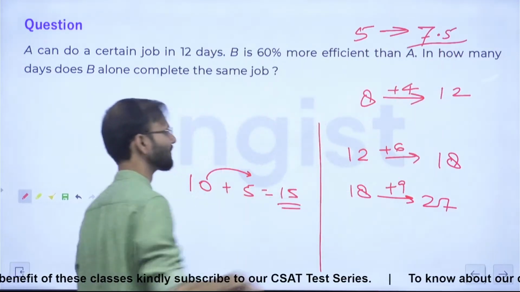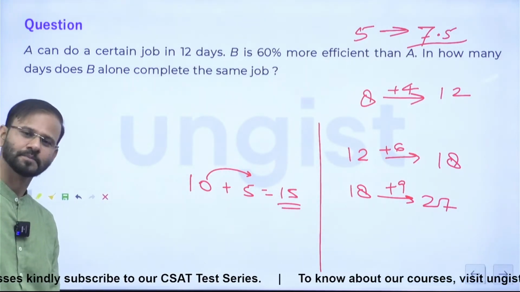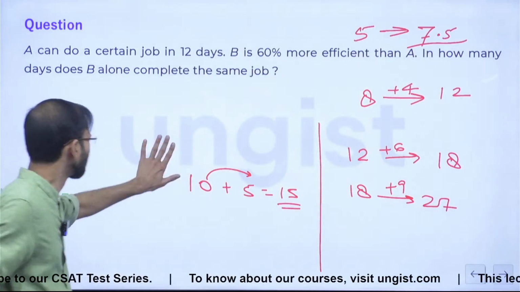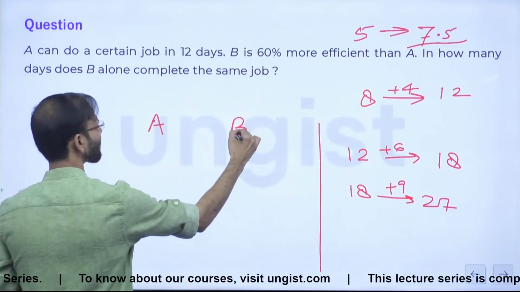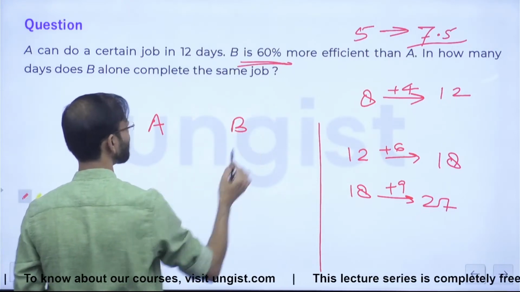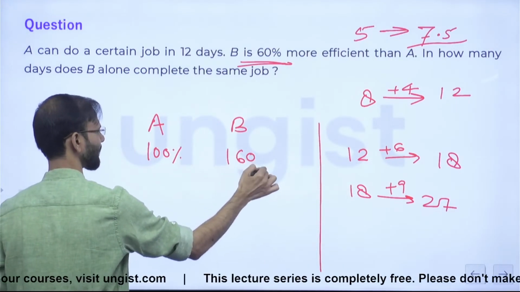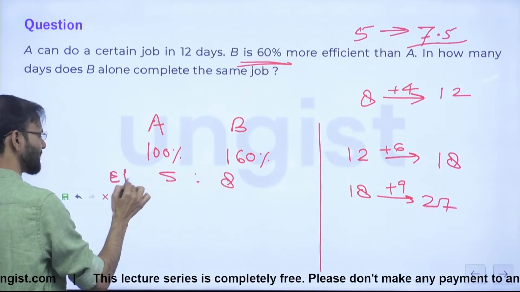Now tell me the answer. Right? देखिए. A can do a piece of work. B is 60% more efficient, right? So this is 100. This is 160. The ratio is 5:8. This is the ratio of efficiency.